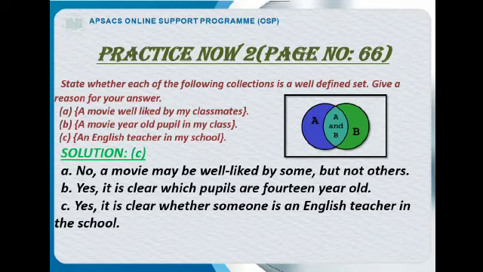Part B: pupils aged 14 in my class. Yes, it is clear which pupils are 14 years old. Part C: an English teacher in my school. The answer is yes. It is clear whether someone is an English teacher in the school. So this is Practice Now 2.